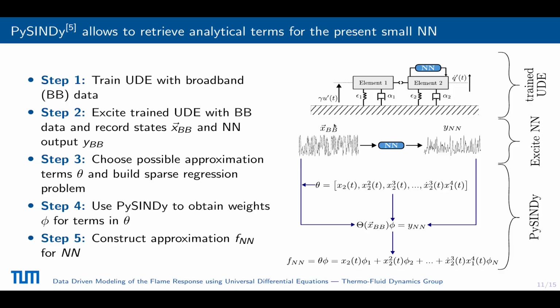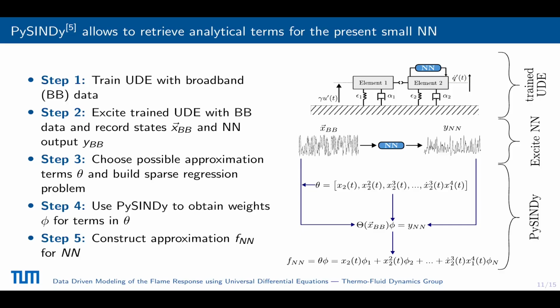With those two data sets, visualized here in the figure, we can now build a regression problem where we want to identify possible candidate terms, theta, which enable us to recover whatever the NN is doing.